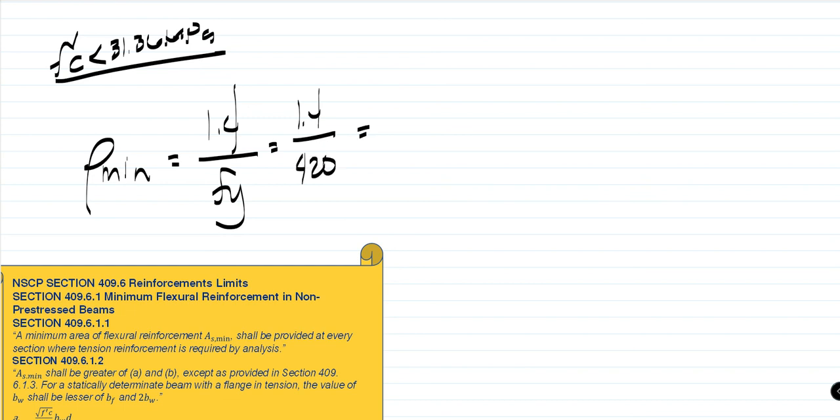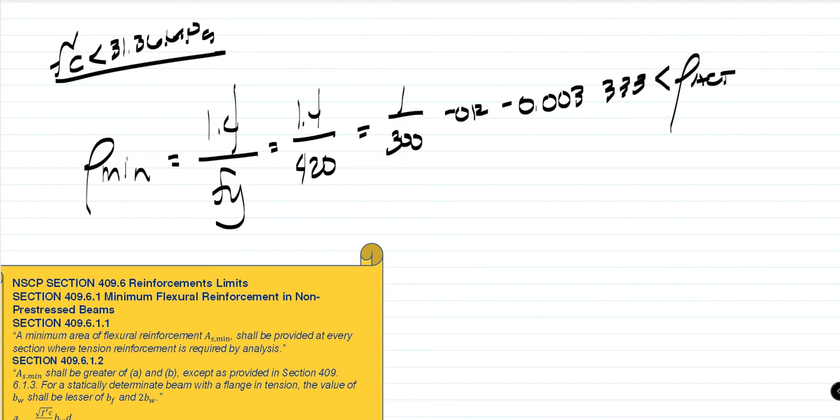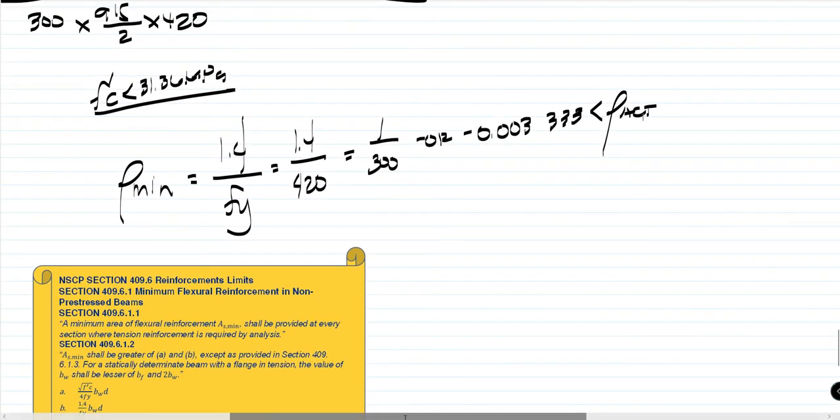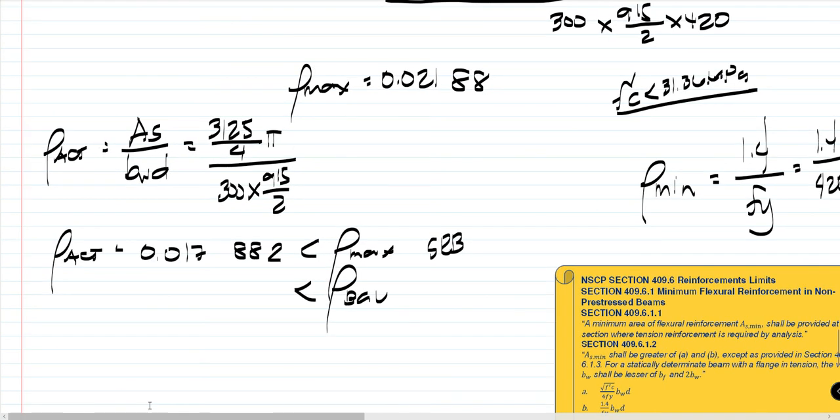So we have here a value for this calculation as 1 over 300, or this is 0.003333, and that is lesser yung raw actual natin dyan, or mas malaki pala yung raw actual natin dyan. So ibig sabihin, sumusunod or nagko-comply yung irregular shape beam natin on these provisions of our code.